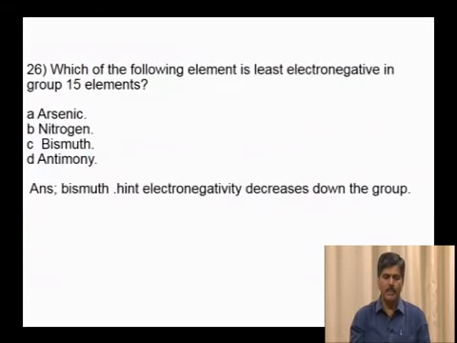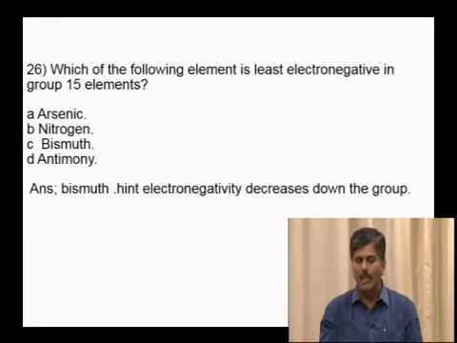Now let us see which of the following elements is least electronegative in group 15 elements. In the same group, electronegativity from nitrogen to bismuth decreases as the size of the atom increases.